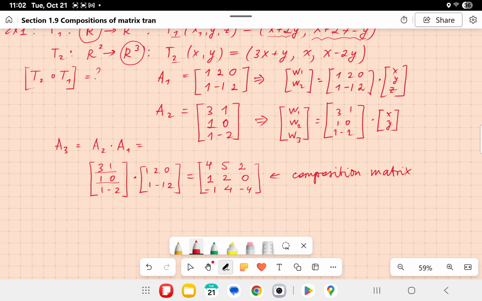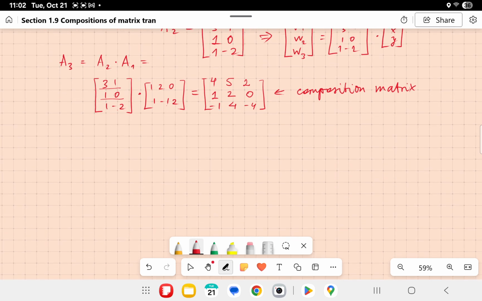Maybe I should consider one example. Let's do one example. So example number 2. Well, I don't know. Let's consider, for example, a reflection and a projection.